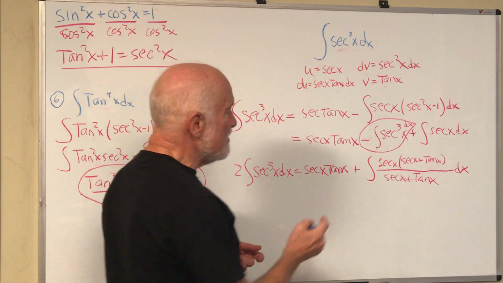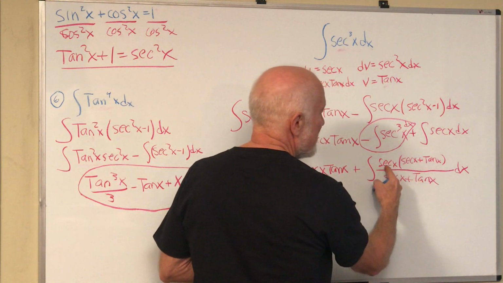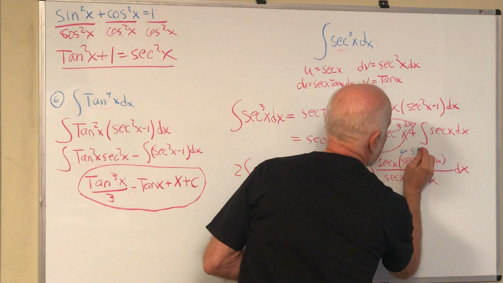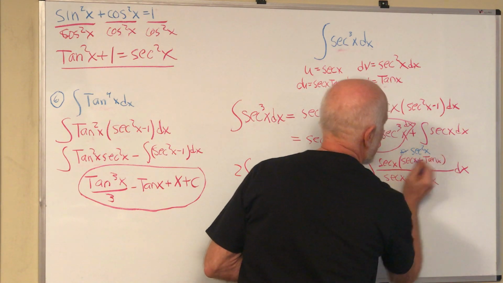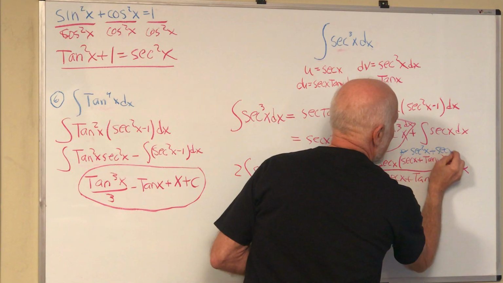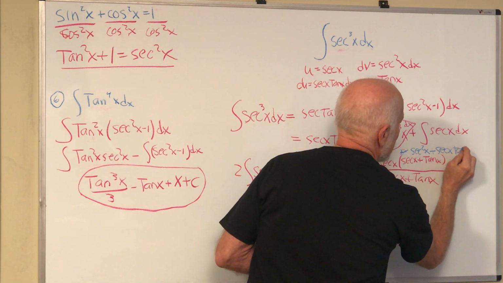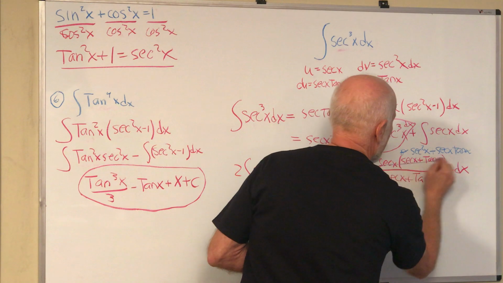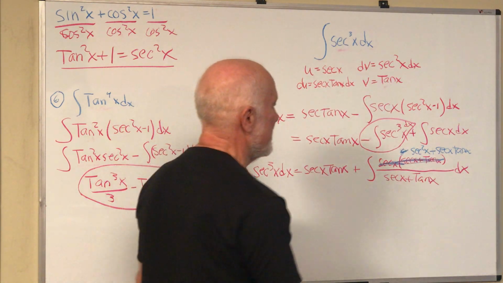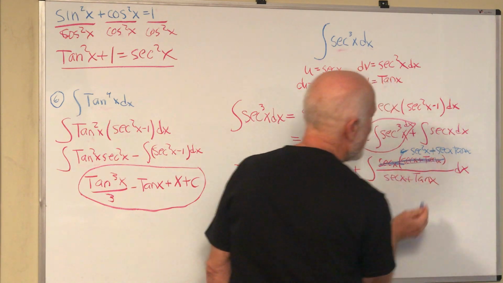But look what happens if you multiply out the numerator. Secant times secant is secant squared of x, and secant times tangent is secant of x tangent of x. So if you cross that out and put this in the numerator, look what you've got.